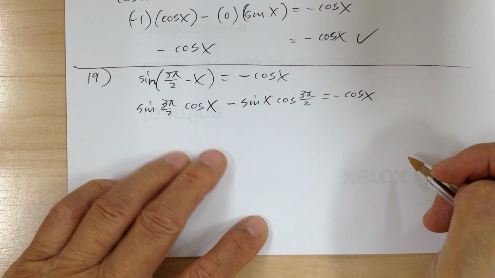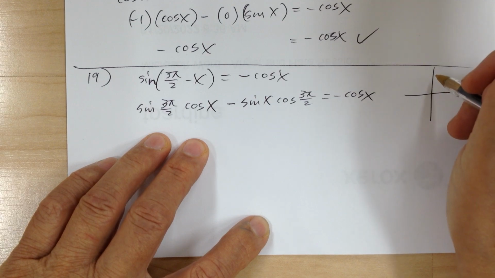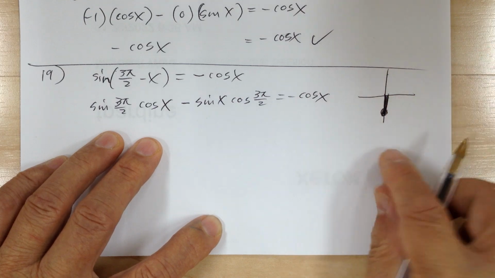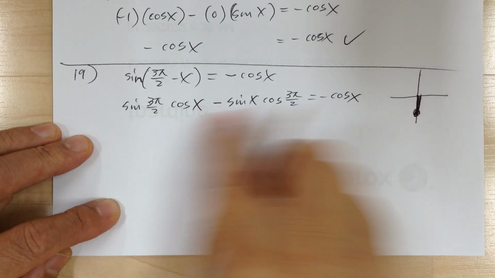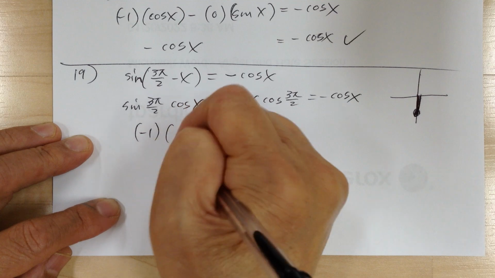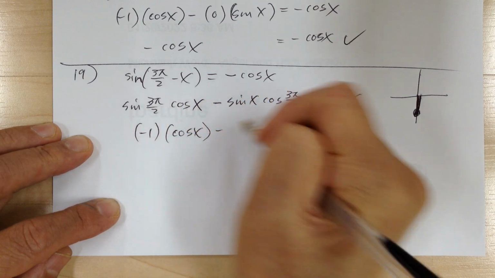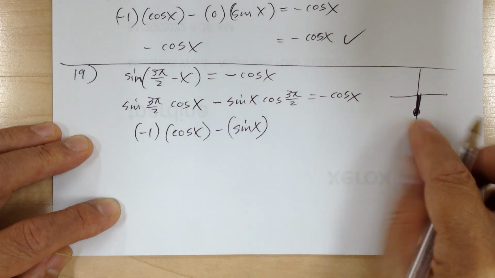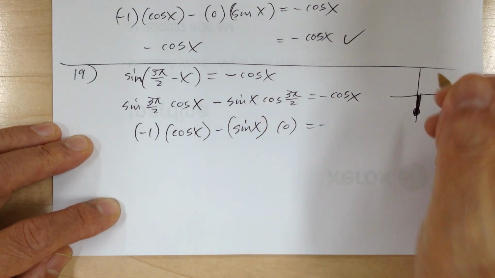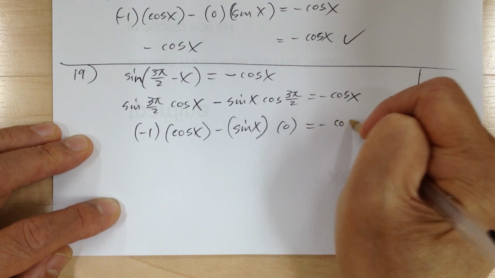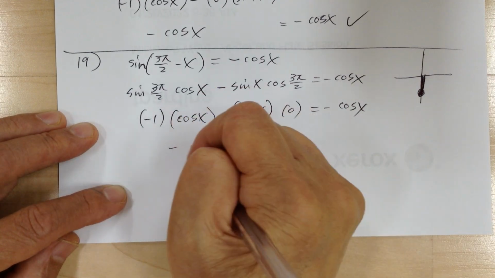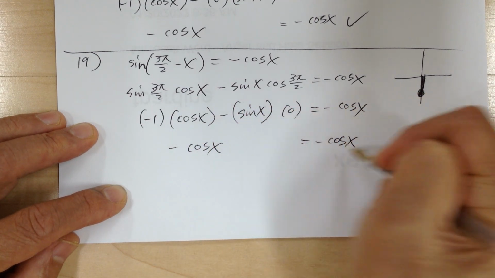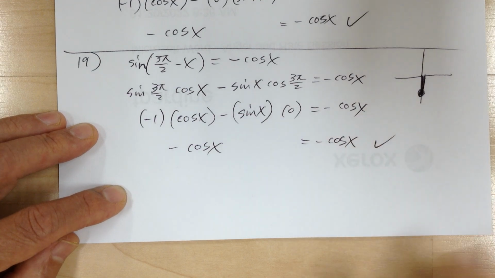Again, the 3 pi over 2 would be right over here, so that is the position. Sine of that is equal to negative 1, and cosine of that equals 0. You simplify, so you've got negative cosine x equal to negative cosine x. And that's it, so check.